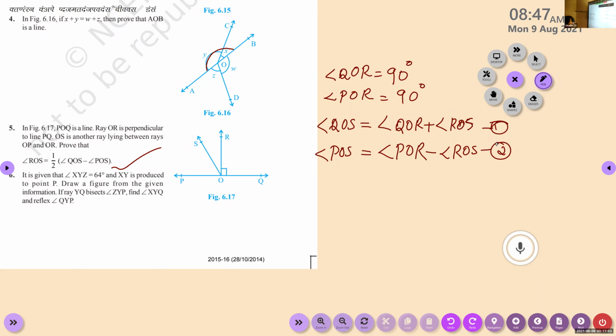Okay. So we have equation 1 and 2. Now subtract, equation 1 minus 2. What will you get? Try.